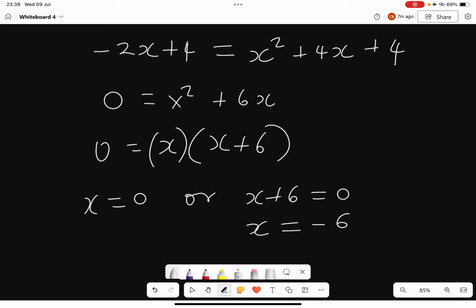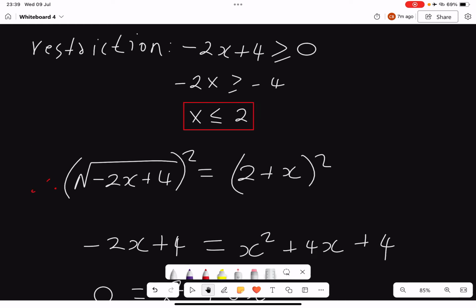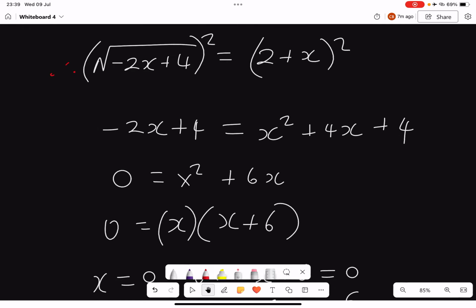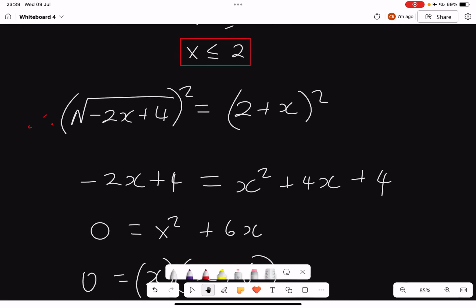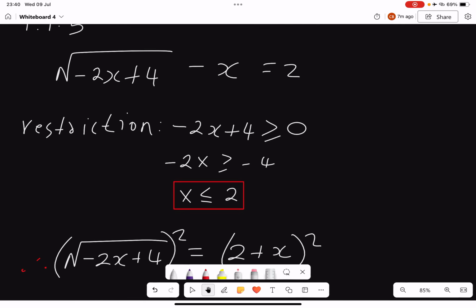But remember, what did we say? We said x must be less than or equal to 2. So let's see here, does minus 6 work? Let's check.